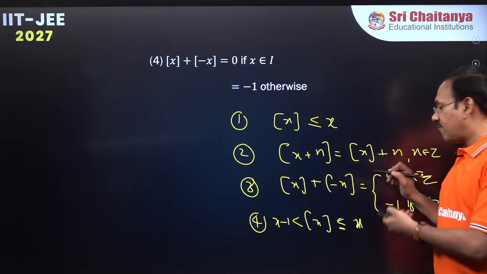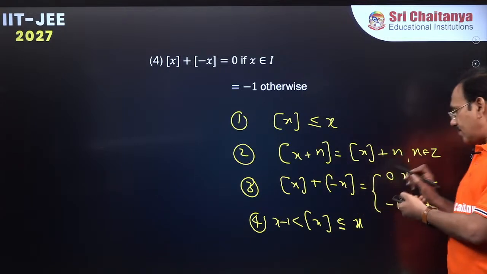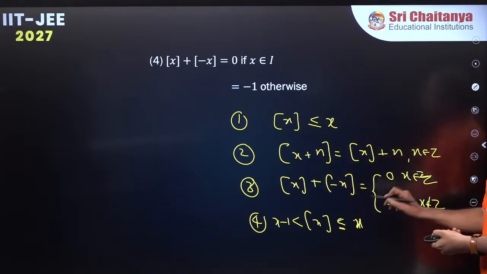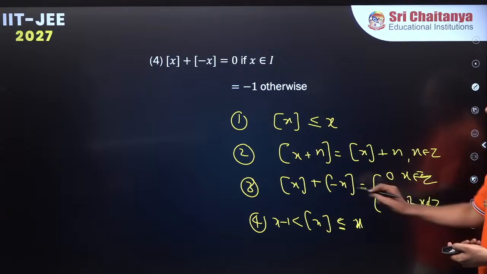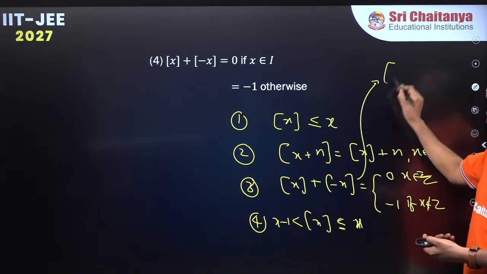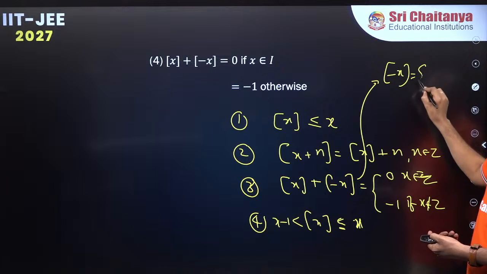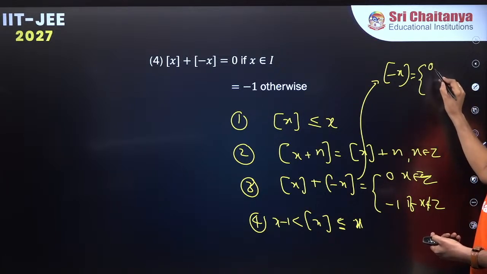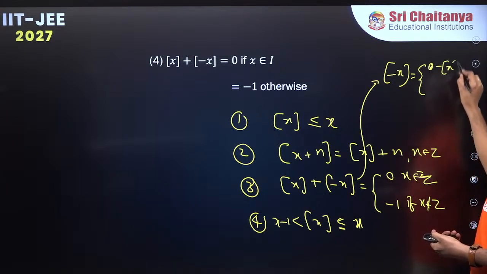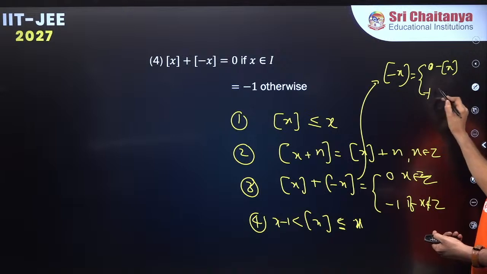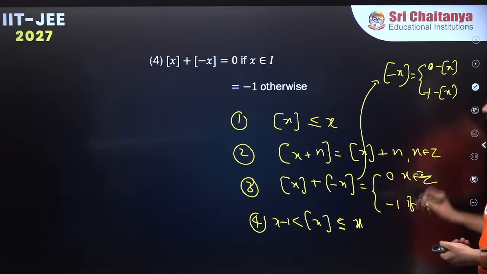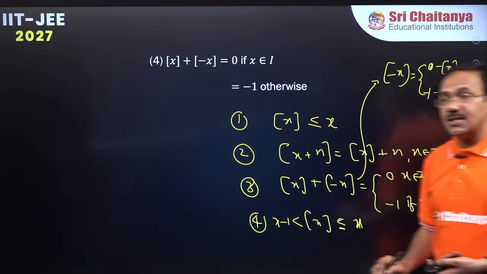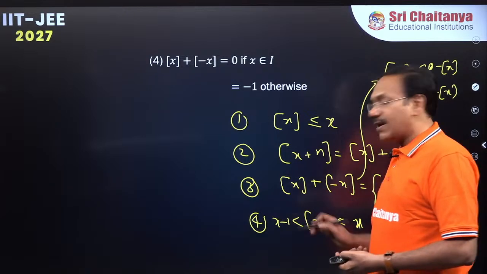Step x plus step of minus x is 0 if x is an integer, otherwise minus 1. This property can also be written as step of minus x is minus step x if x is an integer, minus 1 minus step x if x is a non-integer, and step x is always between x minus 1 and x.